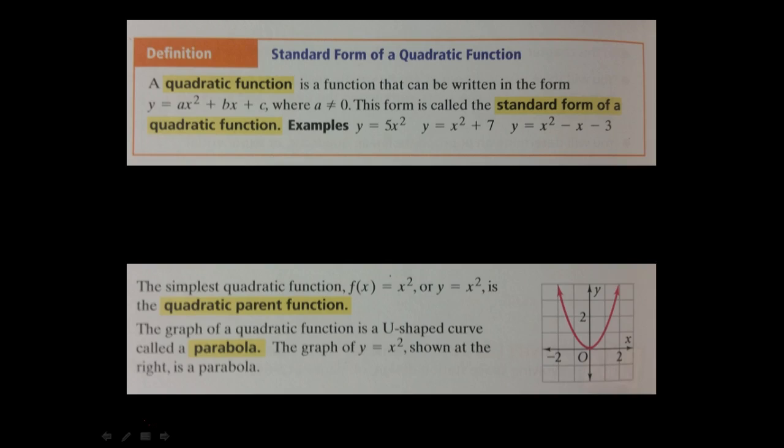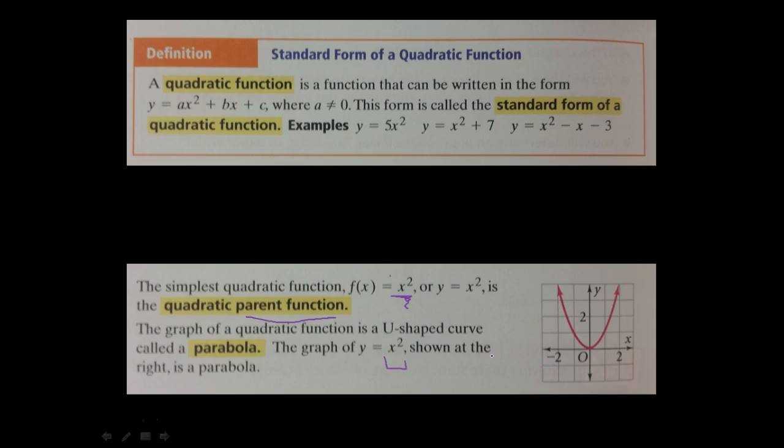Now, we're going to talk about a parent function. So this first piece here is talking about a parent function, and what that means is everything's going to relate off of this x squared piece. Whenever you see something squared, what's going to register is that it is going to create a parabola.